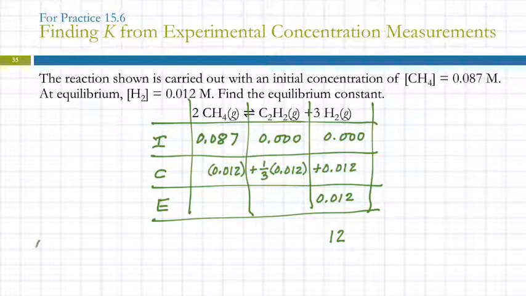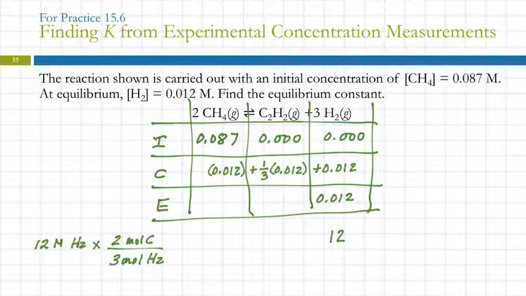So we could say 12 moles per liter of the hydrogen, and we could put in a mole ratio here. There's 3 moles of hydrogen for every 2 moles of CH4, right? Now, this is moles per liter, but these moles cancel out. And so what we're doing is we're changing molarity of hydrogen into molarity of methane. So 24 divided by 3, that comes out to be, what, 8?